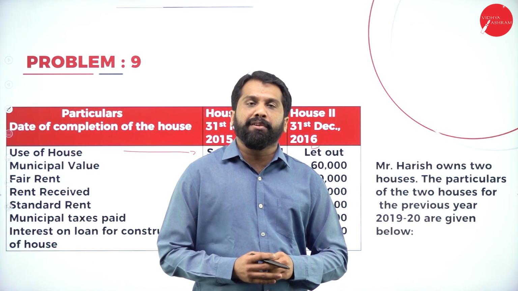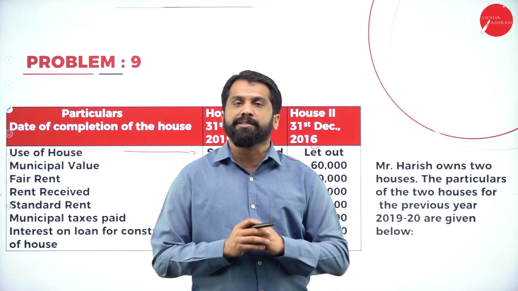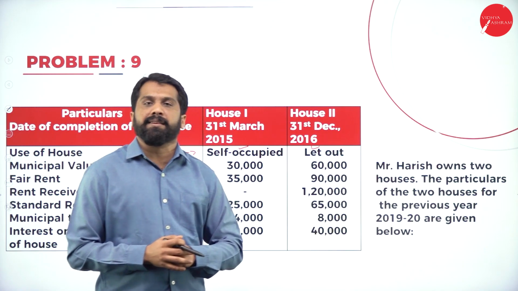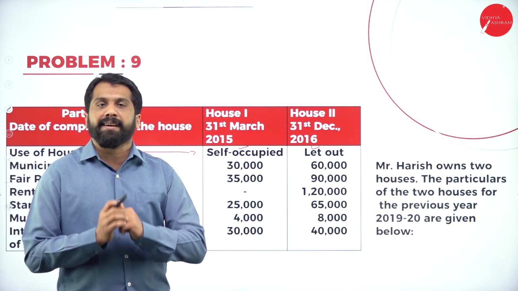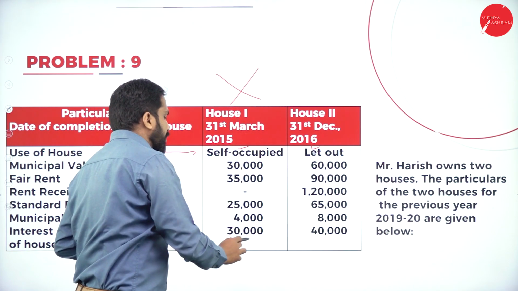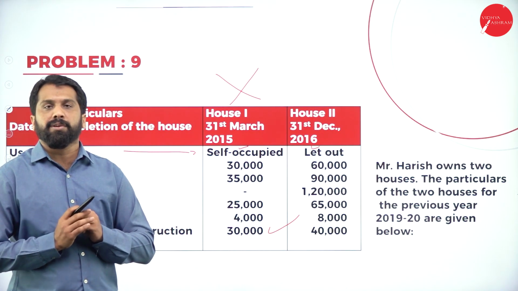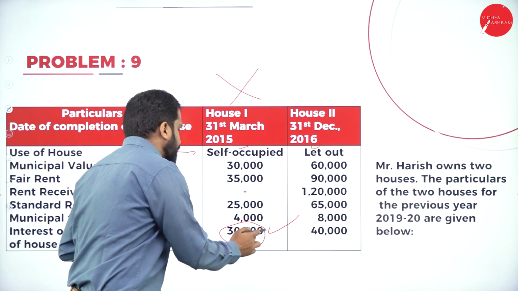Clear? Self-occupied means you yourself occupy it. You are only residing in that house. So why do we need all those calculations unless you are collecting rent? So in this, no calculation, we only consider interest paid. Any doubt? No doubt. Only this we require.